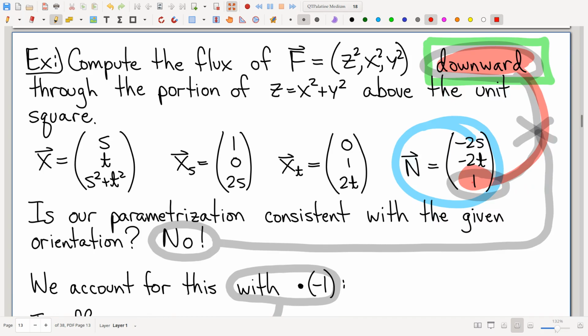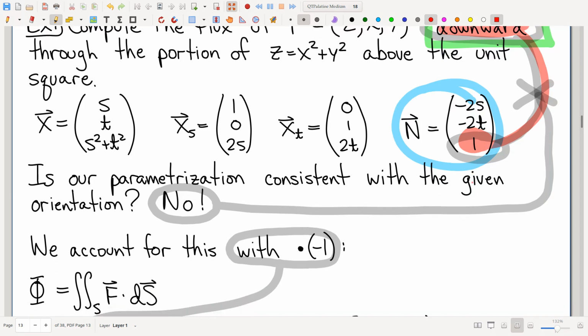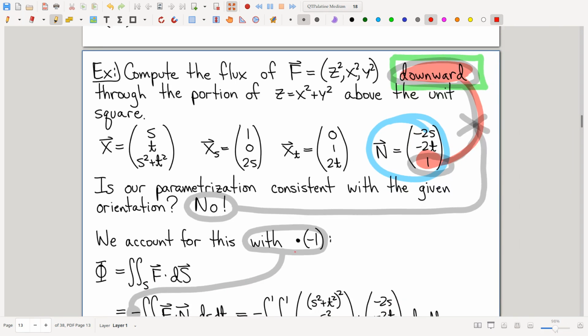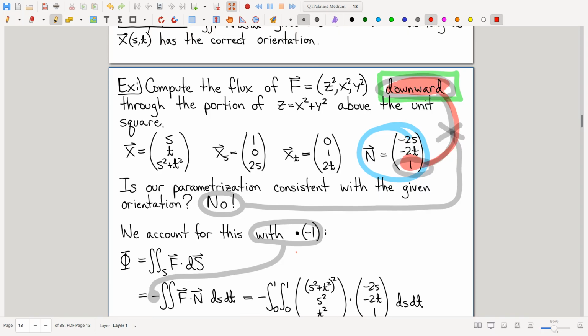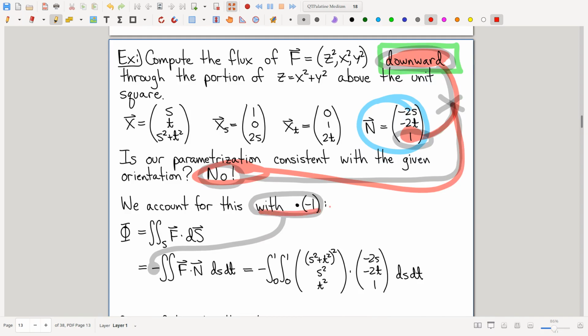Do I need to redo the parameterization, hoping that I will get it right next time? No. Don't redo the parameterization. Just recognize that you parameterized the wrong way. I will point out that we did not parameterize correctly, and I'm going to fix it by just inserting an appropriate minus sign in the calculation. That's all there is to it.